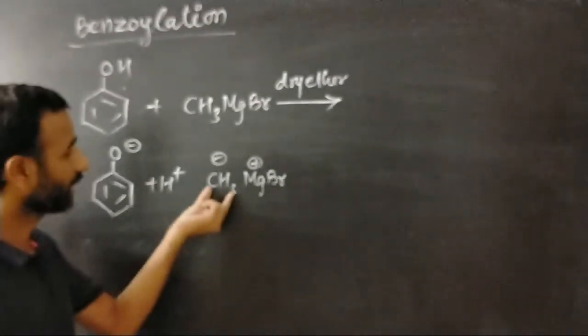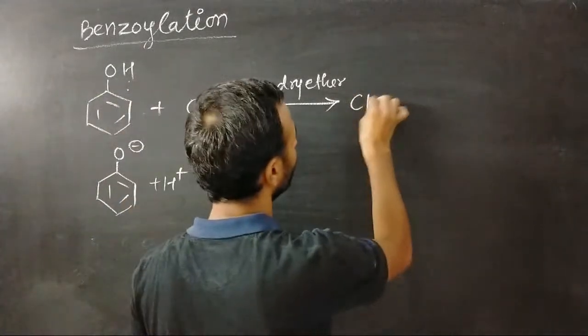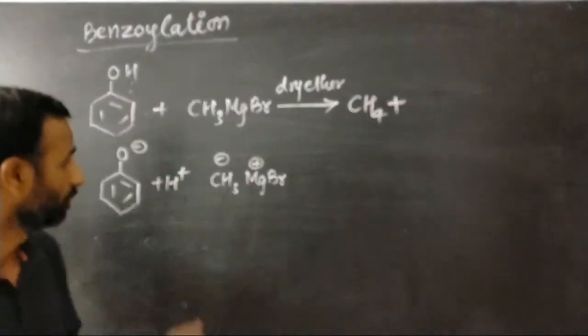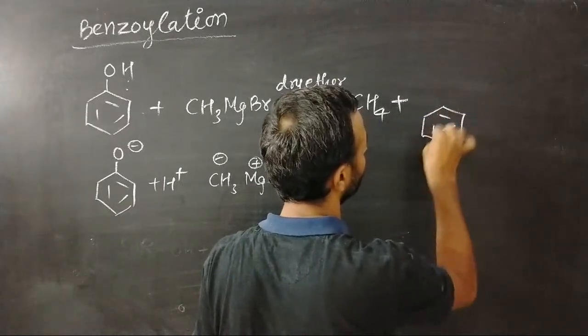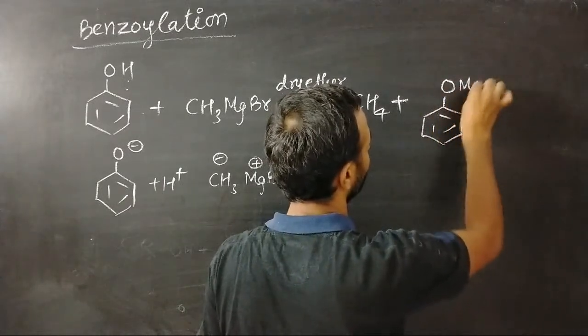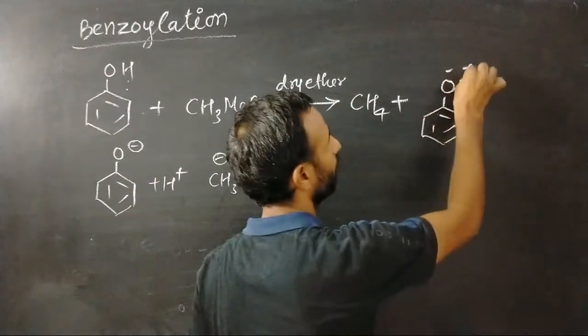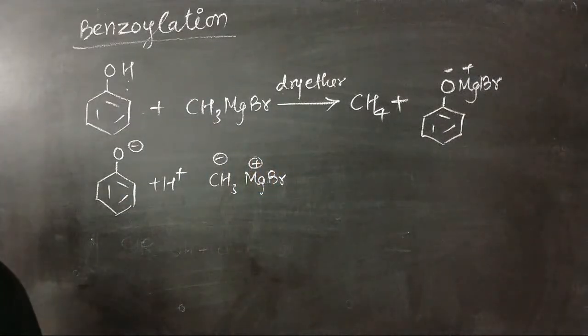So CH3 negative attaches to H plus, and we get methane. One hydrocarbon is formed, just like in alcohol. Okay, and along with this, these are the products formed.